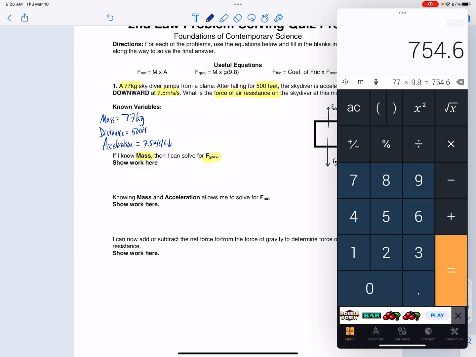That's going to give us a force of gravity here. So I'm going to say F-grav is equal to 77 kilograms times 9.8 meters per second squared. That's equal to, we'll round that to 755 newtons. Cool. We got that down.